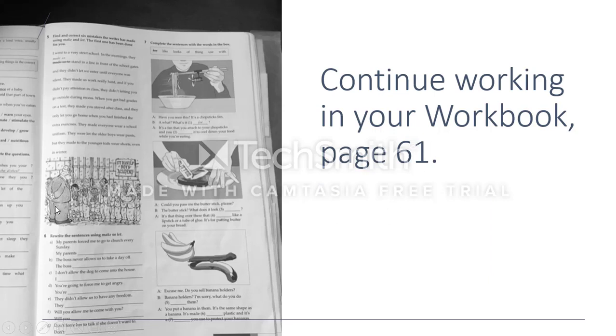So, once you've done that, I want you to continue working in your workbook, page 61. There's a little bit more practice of causative verbs, make and let, and the use of some other words, okay? Remember, we have to work on the workbooks on your own until we finally get to a great day, hopefully soon.